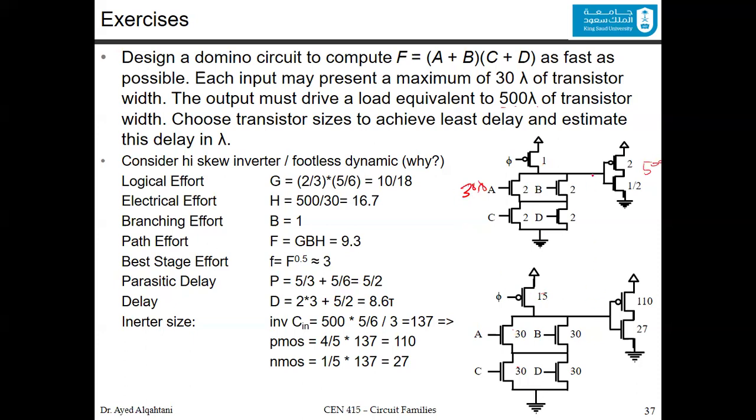For this one, you need to find the node here. And to find this node, you should calculate it this way. You go backward, 500 times the logical effort here, which is 5 over 6. There is no branching. Good. You divide by the F hat, which is 3. And this is equal to 137.